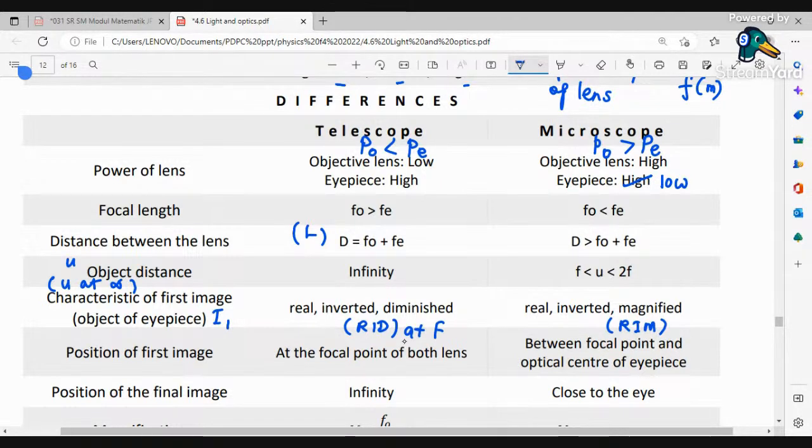Okay, kalau U between F and 2F, ini dapat real inverted magnified. So position of the first image, you nampak ini between focal point and optical center of the eyepiece.